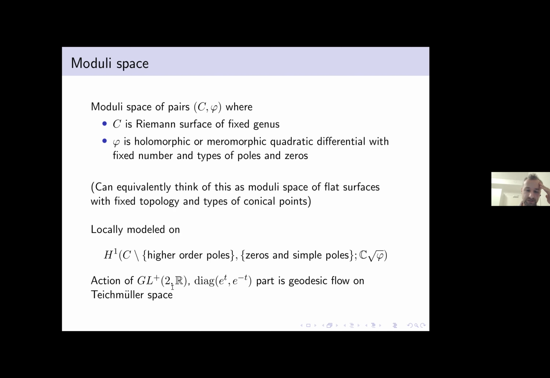And actually, a cotangent vector to a Riemann surface is just a quadratic differential. So this moduli space also sits inside the cotangent bundle to Teichmüller space. And if you look at the action of geodesic flow, it preserves a particular component where you fixed multiplicities of zeros and poles. And yeah, that's part of this action.